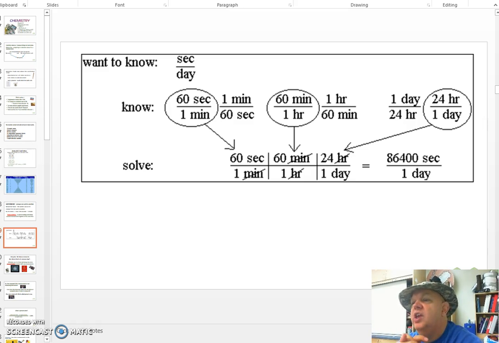All those are examples of conversion factors. We can take those and put them down here, where you can see it looks like a little bridge, and we can solve the problem, multiplying it across. We're going to work on that a little bit more in class. So if you don't totally get it right now, and it's not the night before the test, that's okay. There are ways to do this.